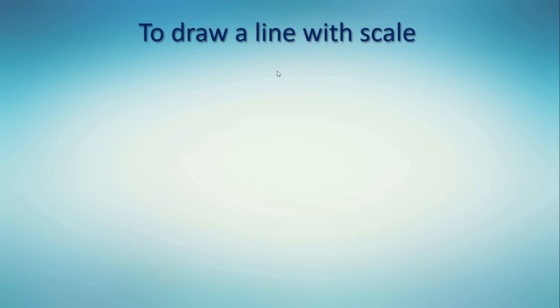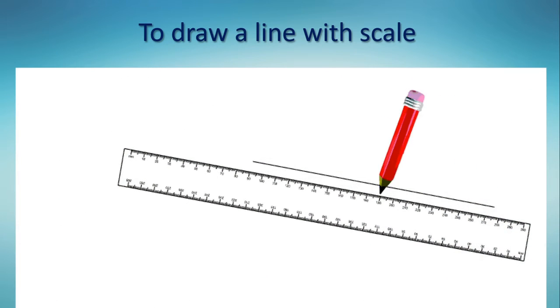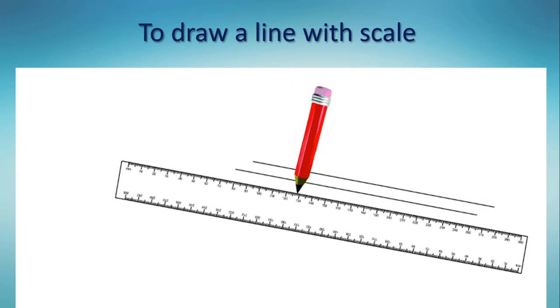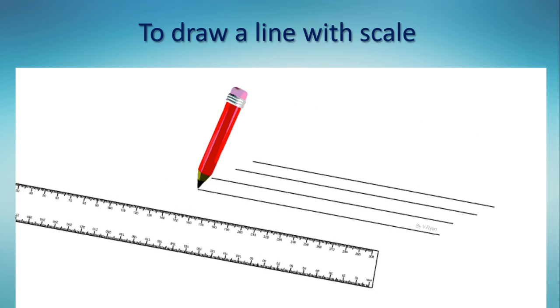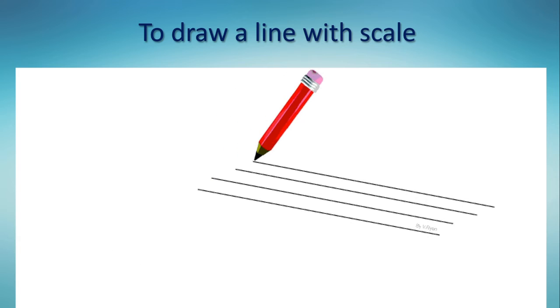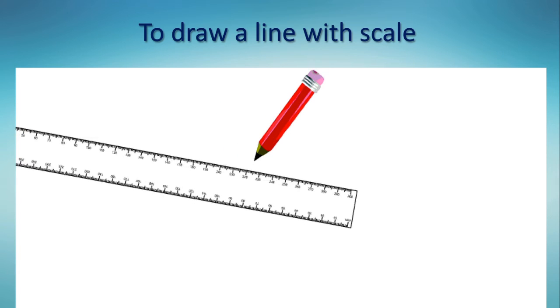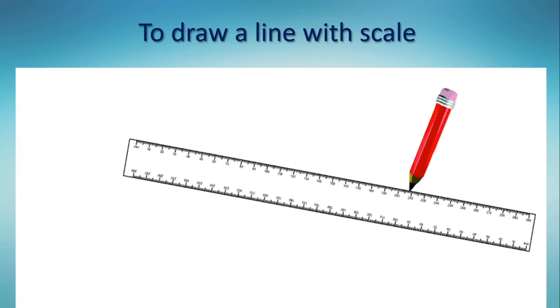First one, to draw a line with a scale. Okay, we came to know that 3 types of lines are there. Now we will try to draw the line with the help of the scale. You know the scale, right? This is the scale, and here you can see by the use of the pencil we are drawing a line. Once again, see, this is a scale and this is a pencil.